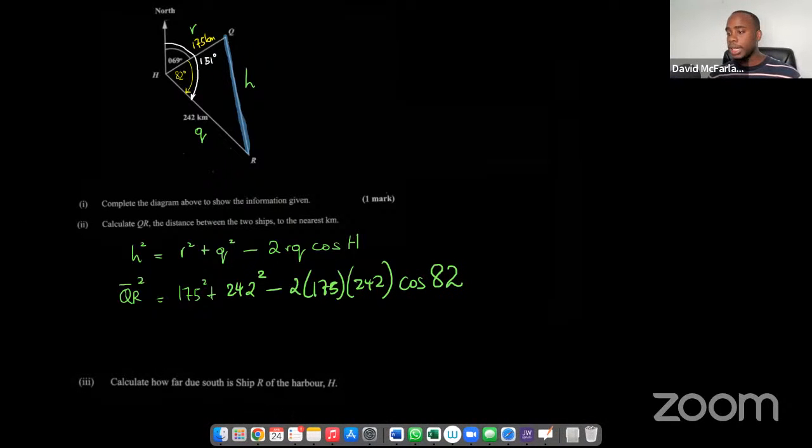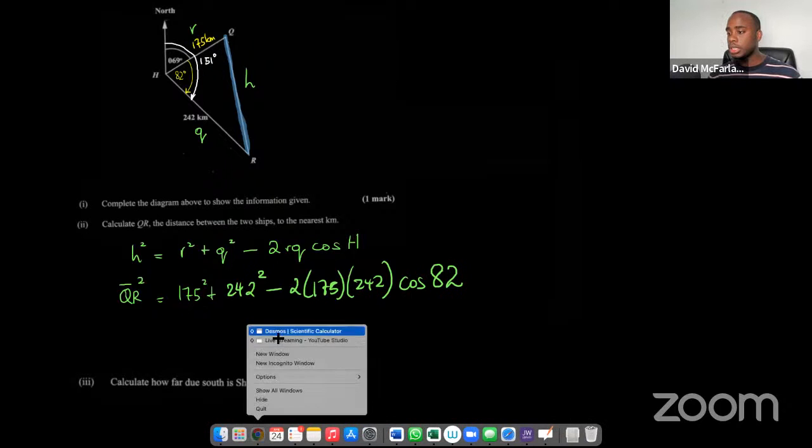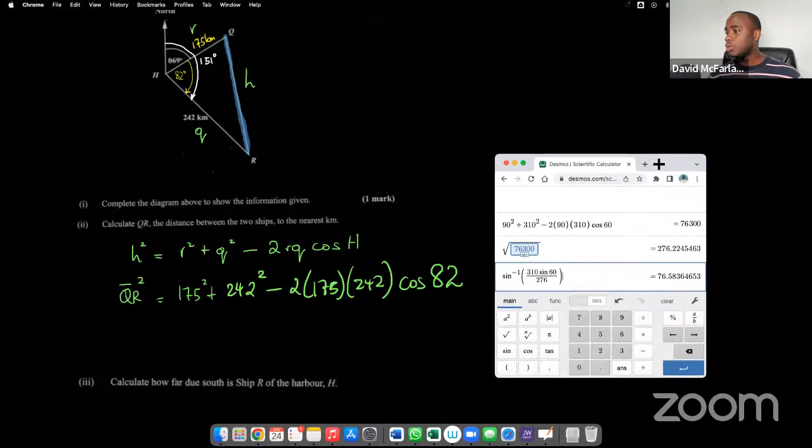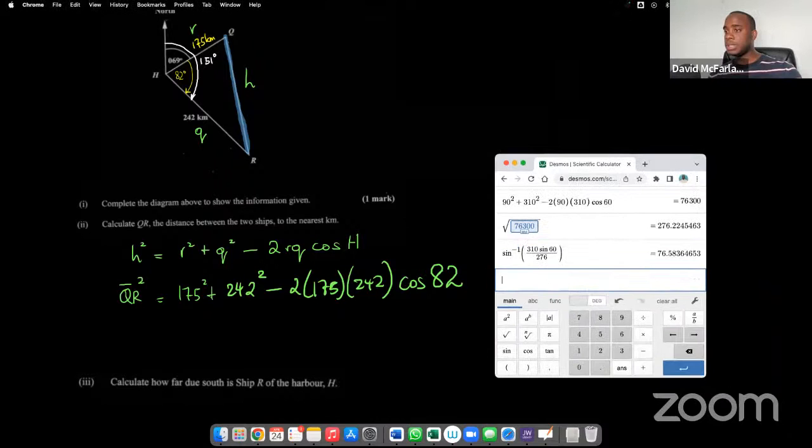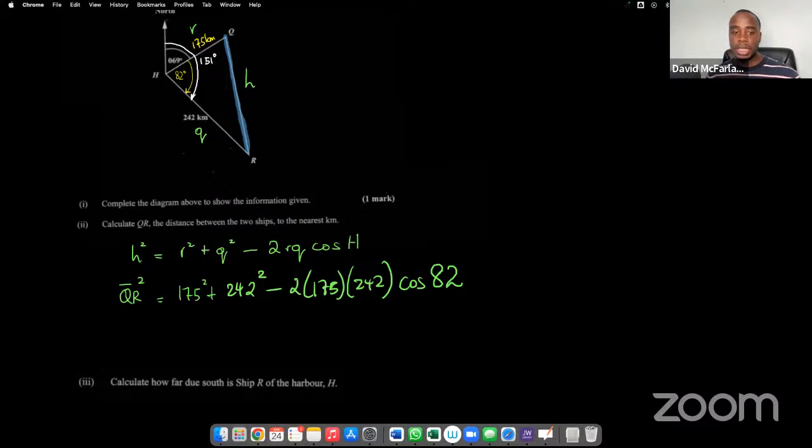So now where are we going, right? Let's get our calculator and put that in. 175 squared plus 242 squared minus 2 times 175 times 242 times the cosine of 82. And that's 77,401. Yeah, that works. 77,401. So we can put that there.